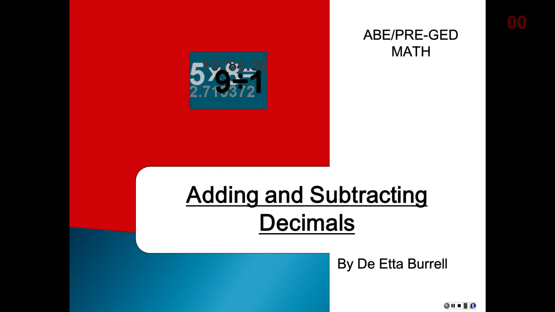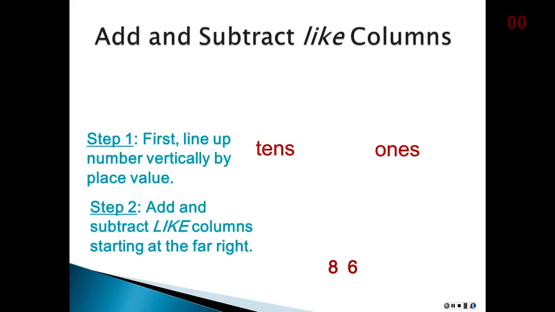We're going to work on adding and subtracting decimals. Now, the strategy I want you to use for addition and subtraction is very similar to what we did yesterday when we lined up the decimals to figure out which ones were smaller and which ones were larger, okay?